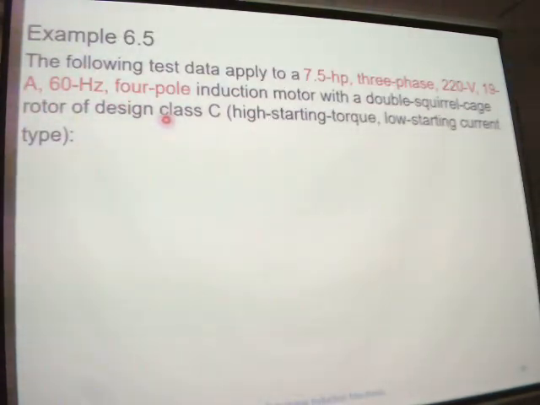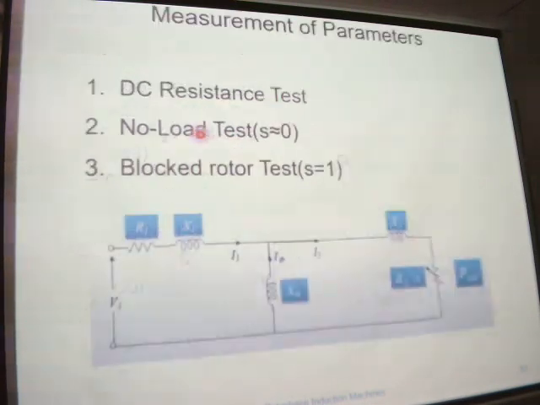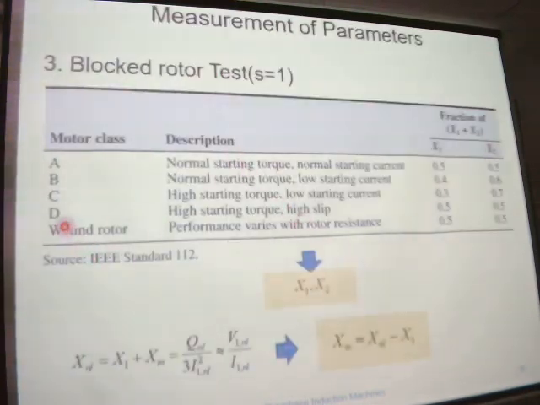Frequency, the number of poles, and also now it's class C. We see a class C motor here. For class C, it's a high starting torque, low starting current.